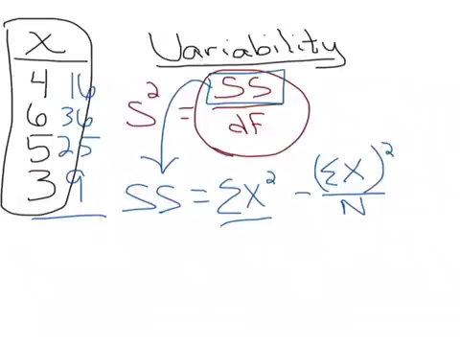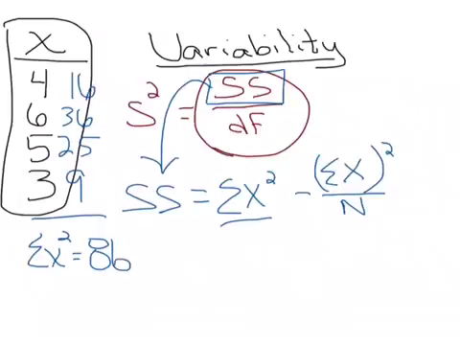That is what the sum of x squared is. Without those parentheses, remember if you're looking at order of operations, you're going to square every x before adding them because exponents come before adding. So our sum of x squared, if we add these up, is 86.